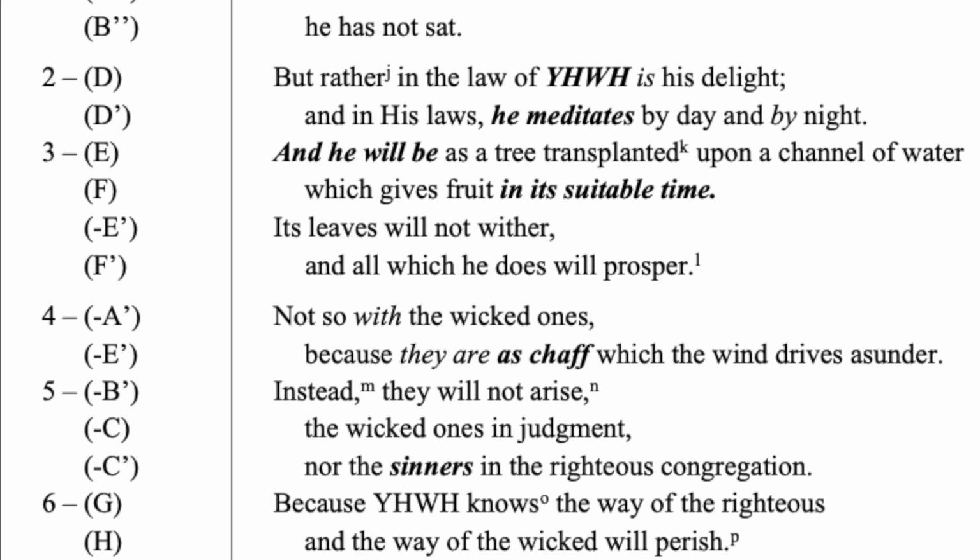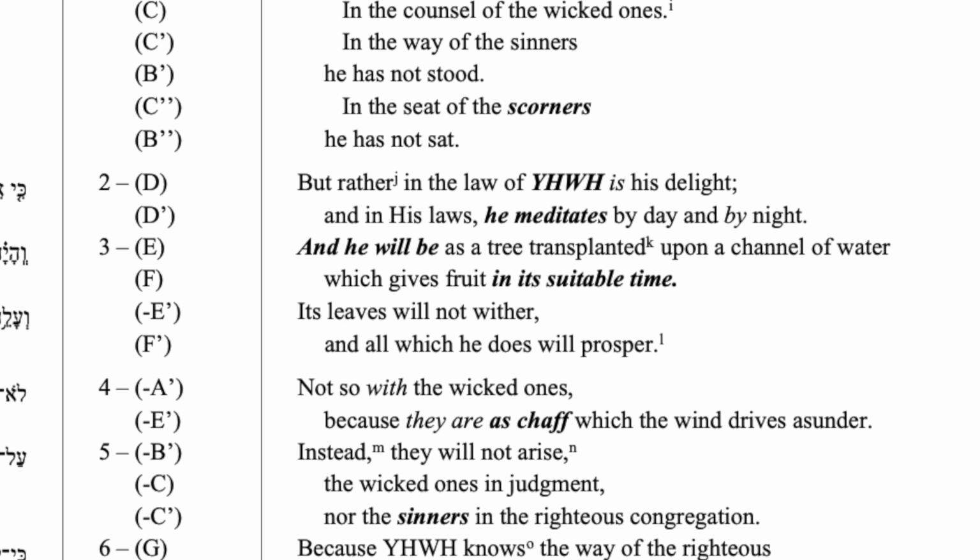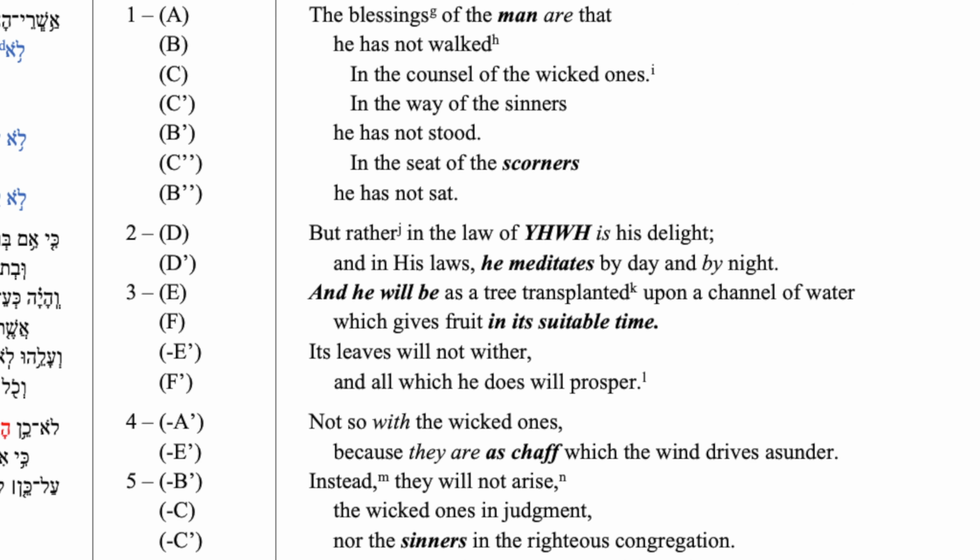And then not so with the wicked ones. We bring ourselves all the way back up to verse 1 with A. We have a negation of A because they are as chaff which the wind drives asunder. And so this is a parallel of its leaves will not wither, right? Using that same sort of metaphor of trees and that sort of thing.